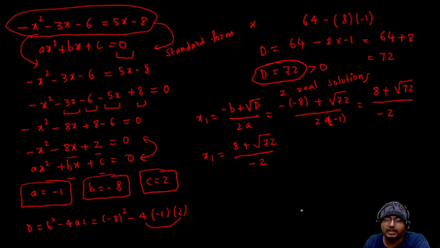In detail, x1 is equal to 8 plus root 72 divided by minus 2.